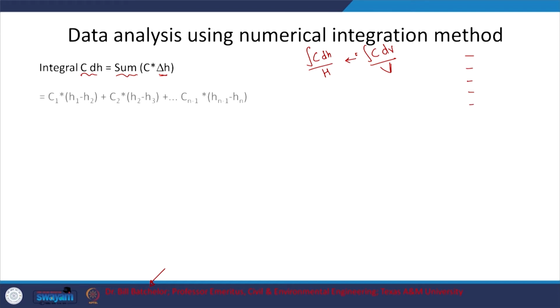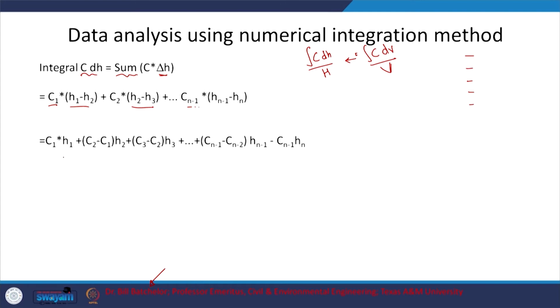So, what is that equal to? C into H1 minus H2, H2 minus H3, so on, Cn minus 1 into this. And that I can rearrange. I am going to take out the term H common, since height will be common. So, C1 H1 plus C2 minus C1 into H2 and such; it is just rearranging the terms such that the common variable is the height.